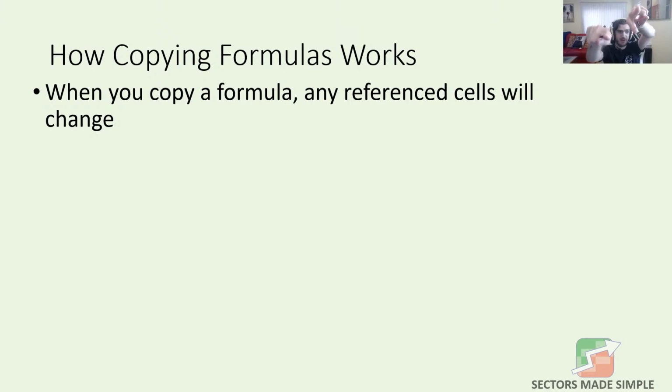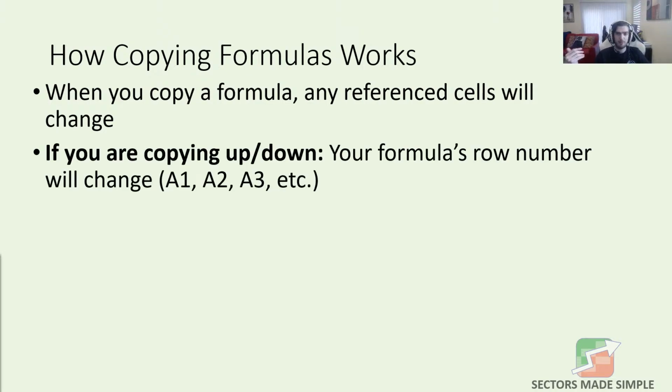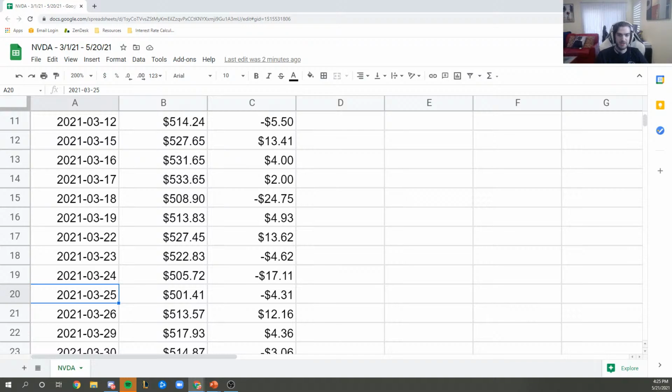When this one goes down, this goes down too. And they go down together or they go up together. So again, if they're copying up and down, the row number will change. It will go from A1 to A2 to A3 to A4 and so on and so forth. If we are copying from left to right.